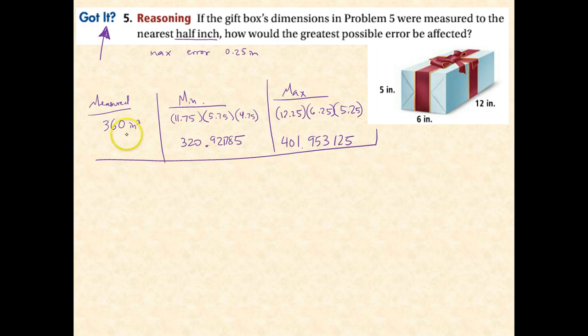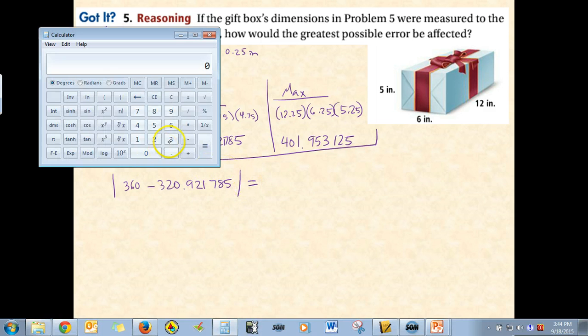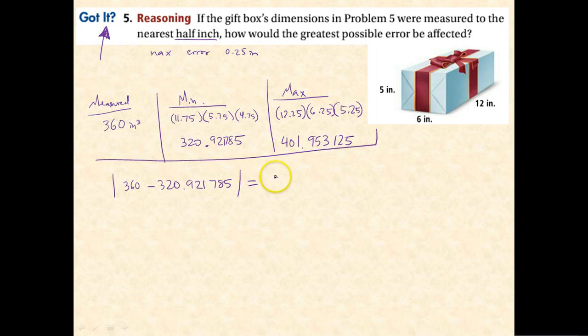Okay, so let's find the differences. Absolute value of 360 minus 320.921875 is 39.08. I think I can round now, can't I?